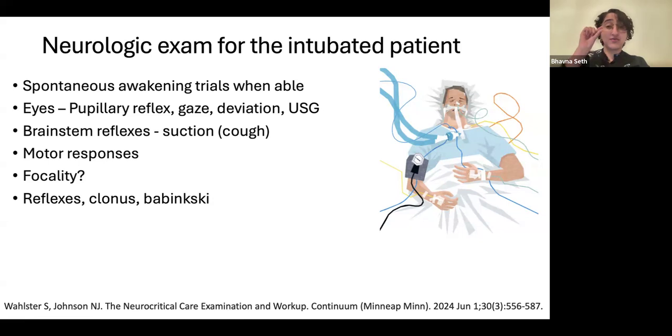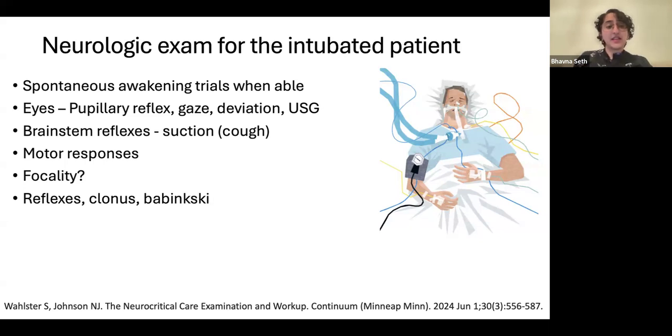And you may see just something called hippus, which is just small pupillary dilation and constriction. Additionally, doing ocular ultrasounds, which you may have learned about, can give you an assessment of the intracranial pressures. And then more brainstem reflexes, which you can assess by, if you have a suction catheter, putting it through the endotracheal tube and seeing if a cough reflex or a protective cough reflex is elicited.